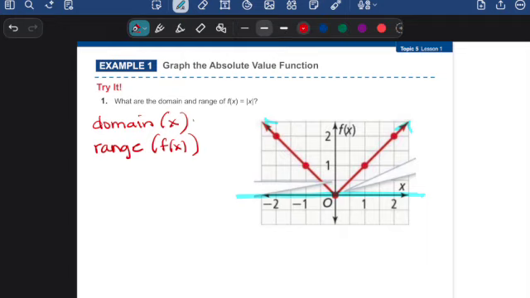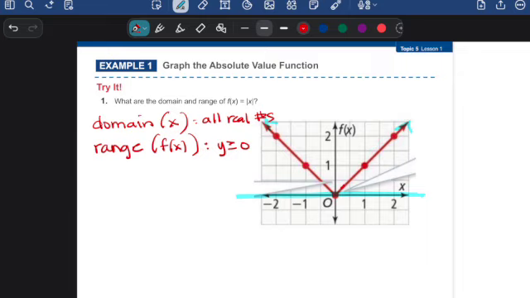So our domain is going to be all real numbers. What about our range? We do have a limit. It does not go below 0. So our range is going to be, we can write y. y is going to be greater than or equal to 0. Any value there. It can be a decimal, be a whole number, but it has to be equal to or greater than 0.